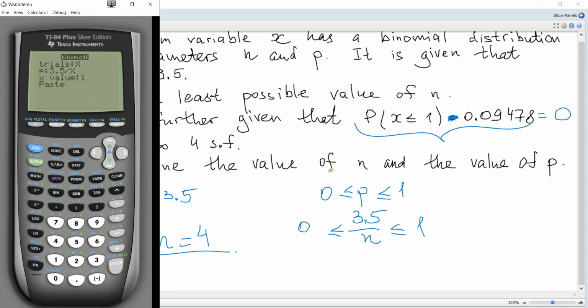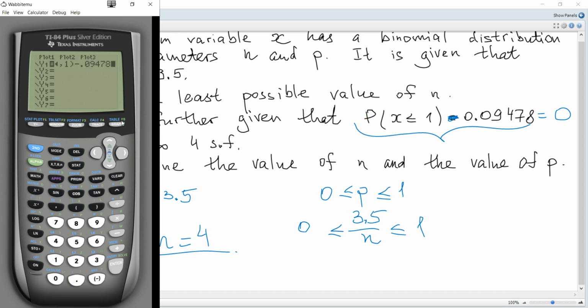The x value is 1, because x is less than or equal to 1, since it's binomial CDF, and enter. So we get binomial CDF, then minus this value, so that we get a function which is equal to the left hand side.